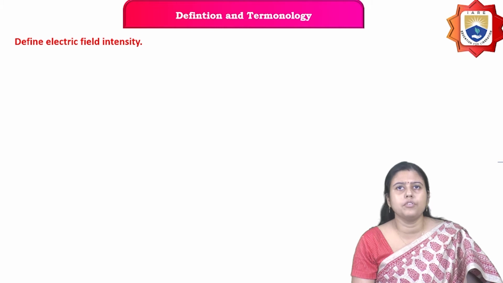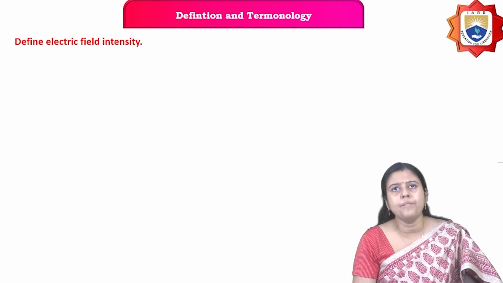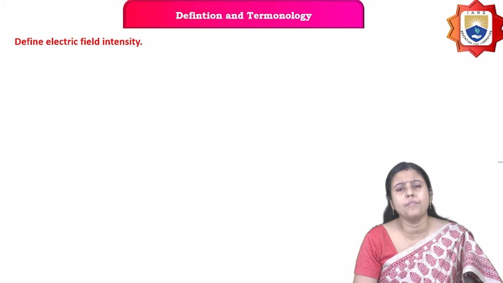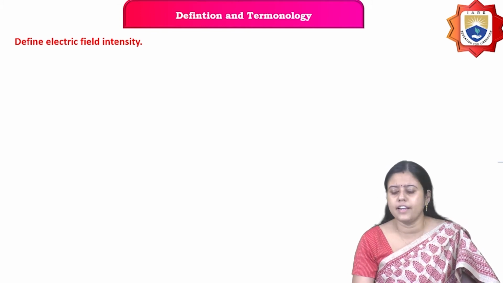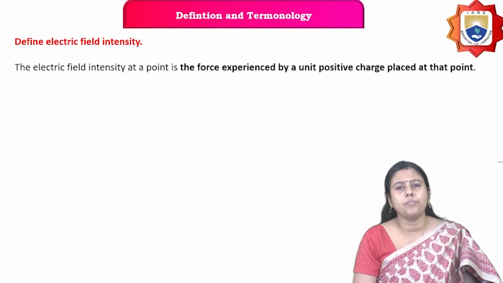Now we are going to the next definition. What is the electric field intensity? Electric field intensity is a very important term in electrical engineering. The electric field intensity at a point is the force experienced by a unit positive charge placed at that point.